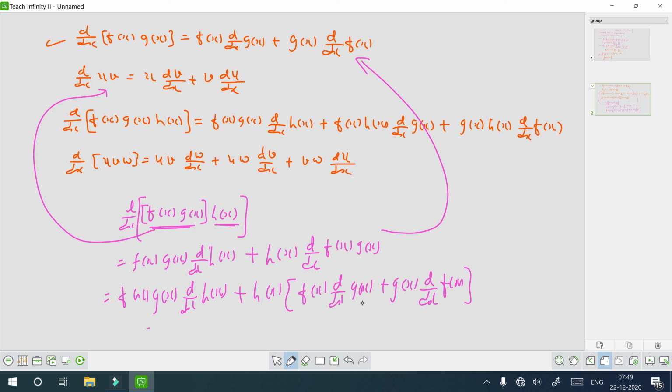Now that is equal to f of x, g of x, d by dx of hx. fx and hx as it is, open bracket, d by dx of gx.